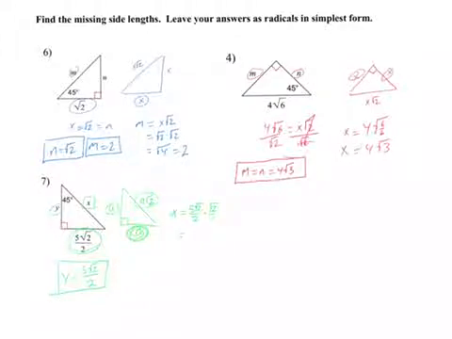Well, this is going to be 5 times square root of 4, because 2 times 2 is 4, over 2. It's going to be 5 times 2 over 2. Those 2's reduce, and that just gives me 5. So x is equal to 5.